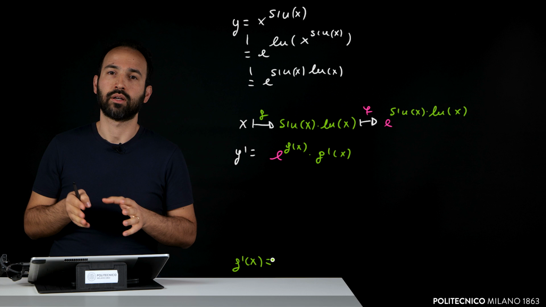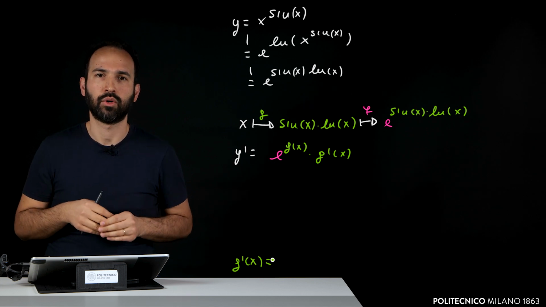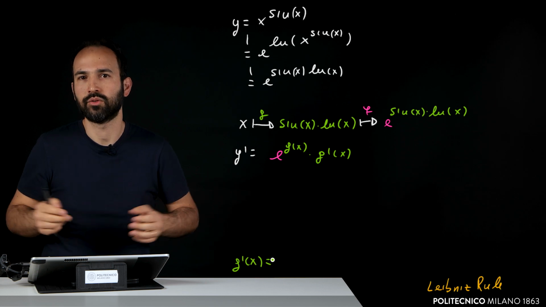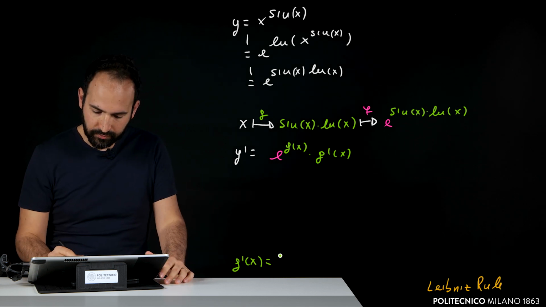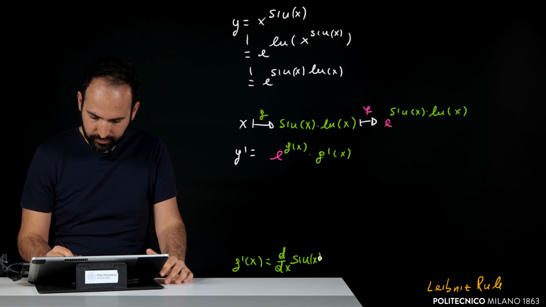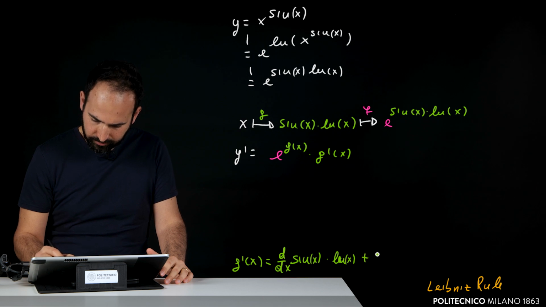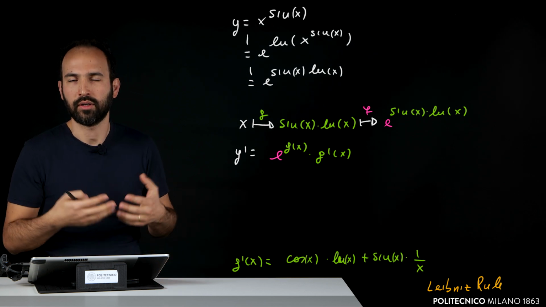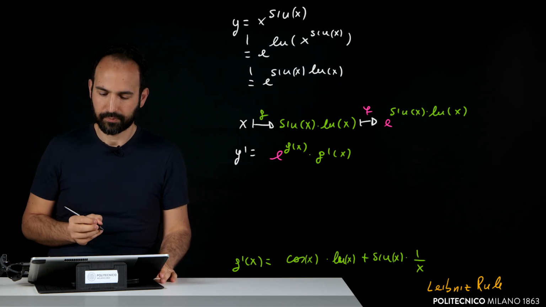Since g is the product sine of x times natural logarithm of x, we calculate its derivative with the Leibniz rule. So we have the derivative of the first function, sine of x, times the second function, plus the first function times the derivative of the second function. Replacing the derivative of the elementary function, we obtain this result.